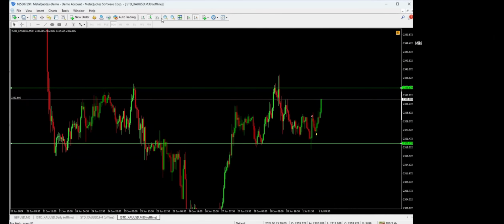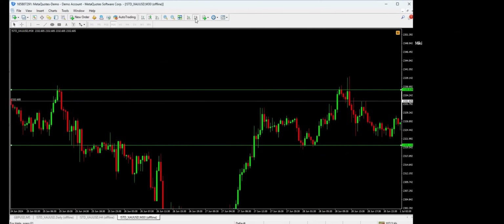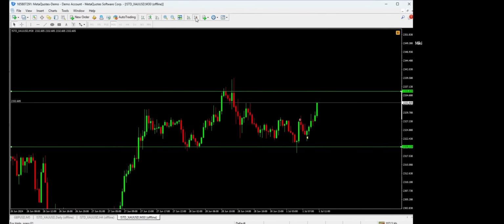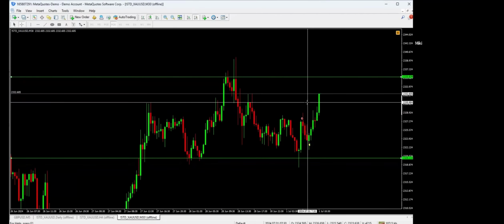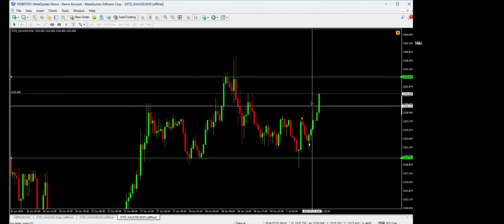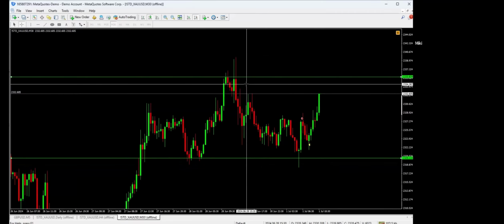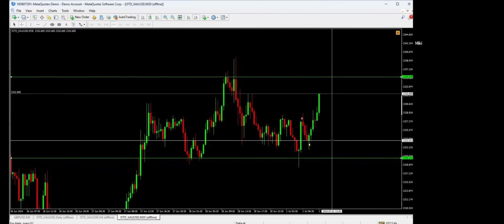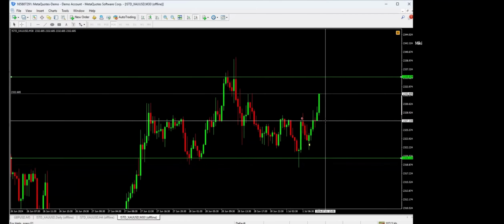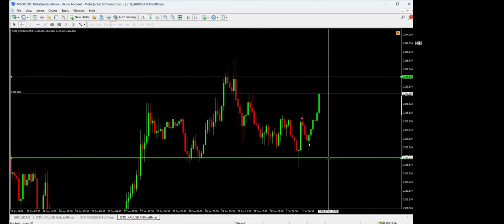All right, so looking at the structure of gold currently, the structure of gold is not very clean. Do have a breakout, which is my bread and butter usually, but we have this resistance here. So what I'm thinking, no, the structure is not clean enough. The structure is not clean. I would get in if price comes back down and retests maybe, yeah, that's what I'm gonna do.